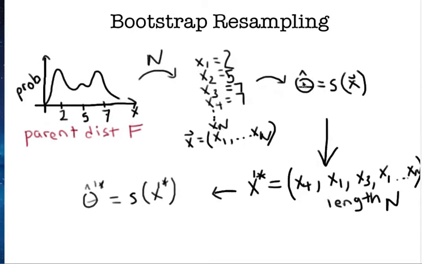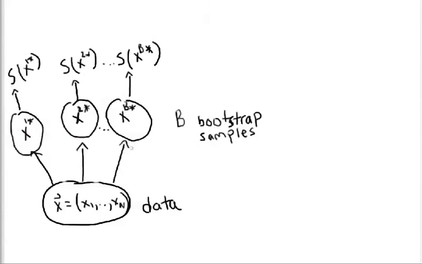So we start with our data vector here, which is length n samples, and we create B bootstrap resamples, where B is going to be something like, for accuracy's sake, 1,000 or maybe 10,000.